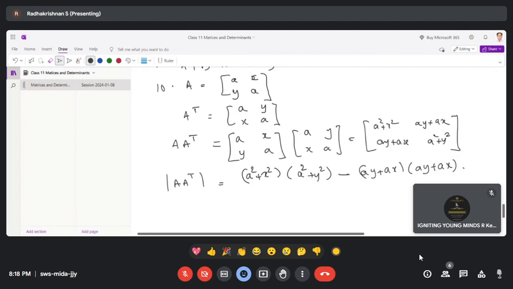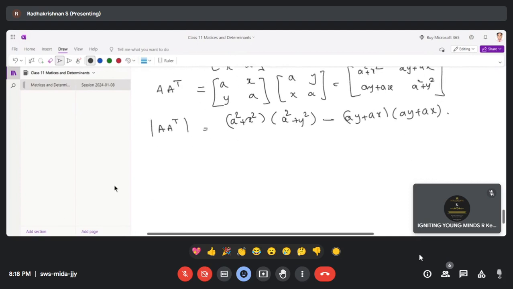Let's see. This is a power 4 plus a square y square plus a square x square plus x square y square, minus (ay plus ax) whole square.